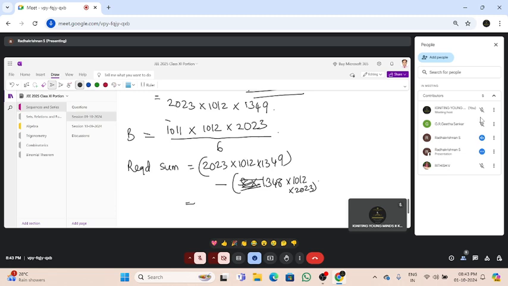So did you check that, Ritesh? Are you getting the same thing? Yes, sir. 1348 into, let us check. B into 8 we have to put. If you keep these two, then 1011 into 8 by 6 is 1348 by 3.